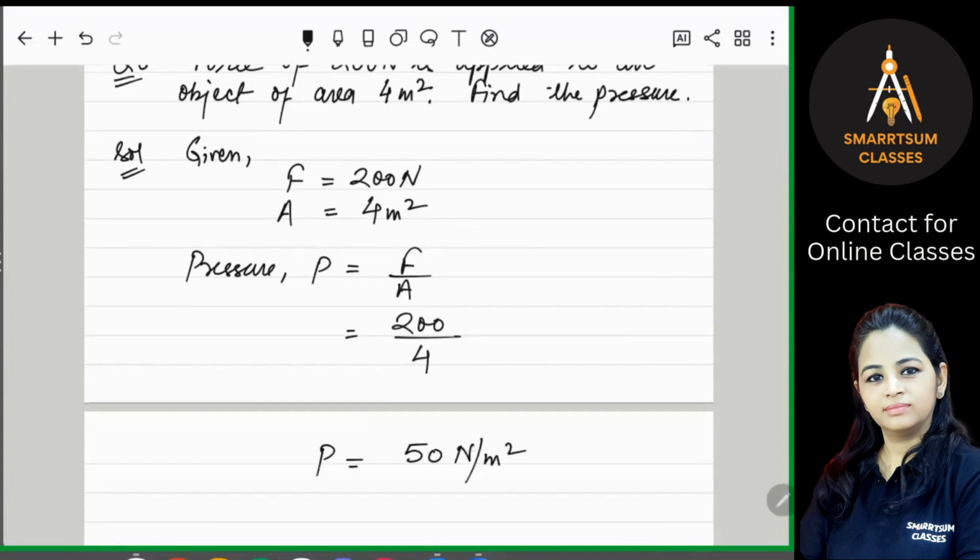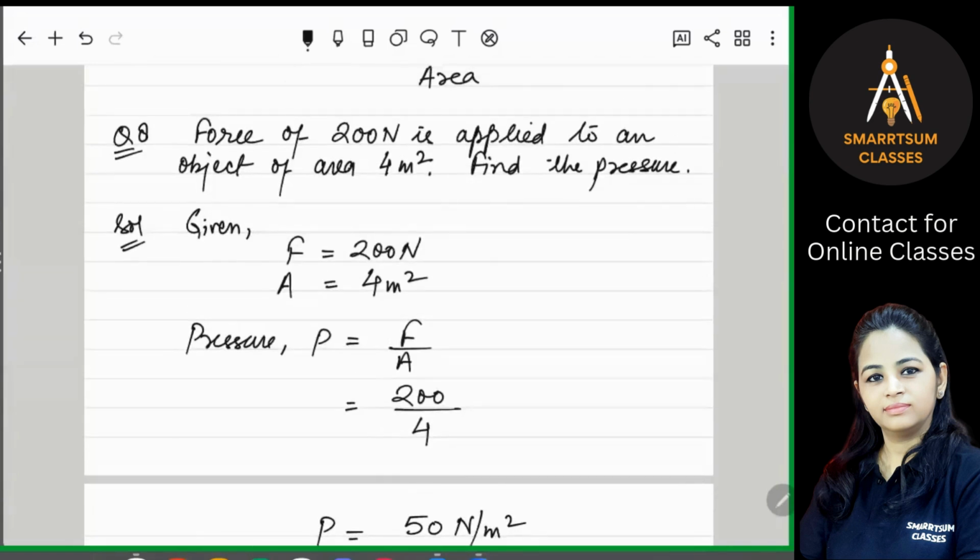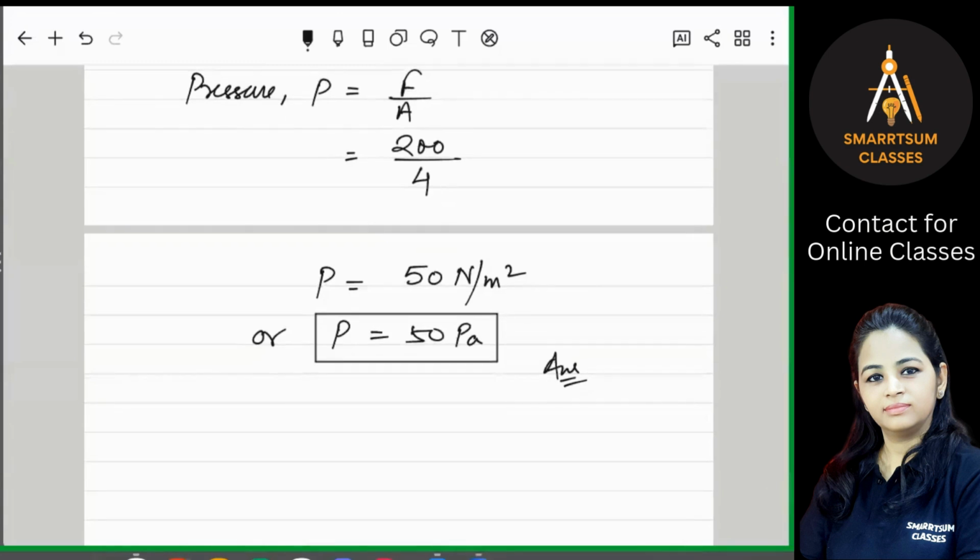So what is pressure? 50 Newton per meter square, or you can say it is 50 pascal, Pa. Is that clear? So in this way, we can find out the pressure. How much pressure will this force create on an object whose area is 4 meter square? That is 50 pascals or 50 Newton per meter square.